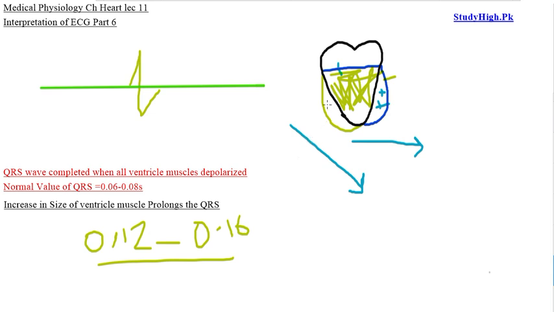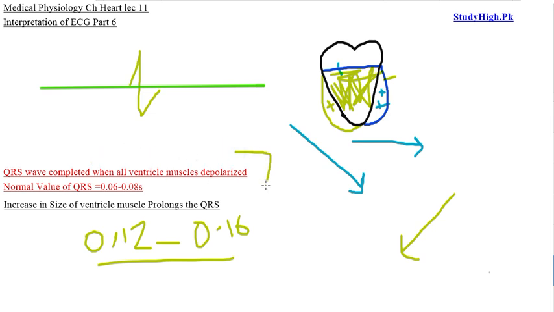If the size of the right ventricle increases and the left ventricle remains the same, then the QRS vector will be deviated in this direction. We will discuss in this lecture in detail how you can diagnose whether the QRS vector is deviated towards the left ventricle or right ventricle from a given electrocardiography.